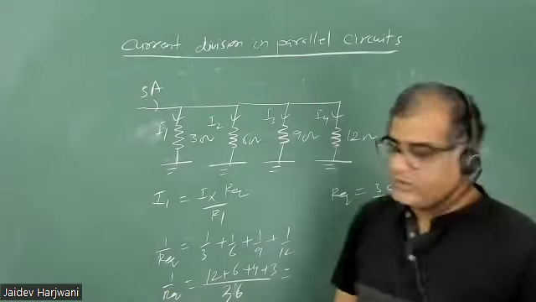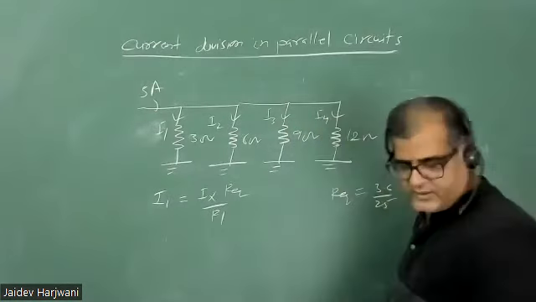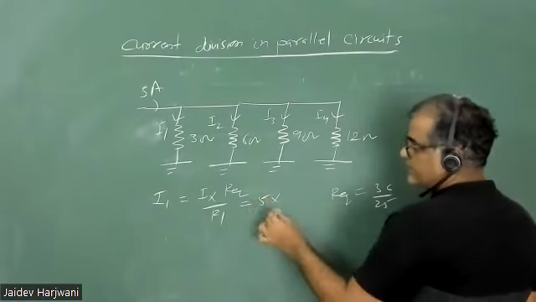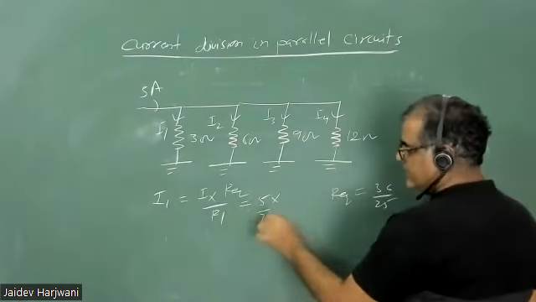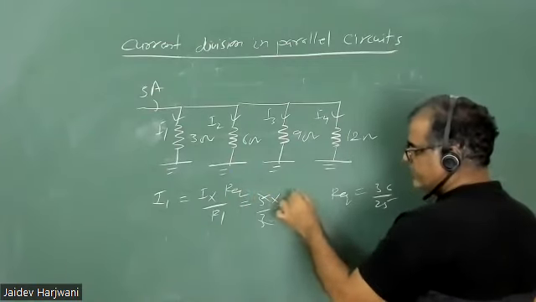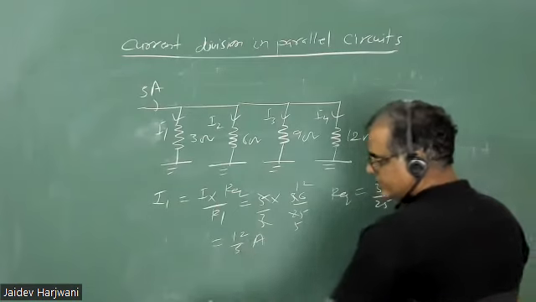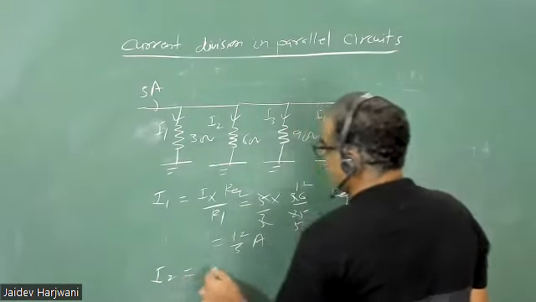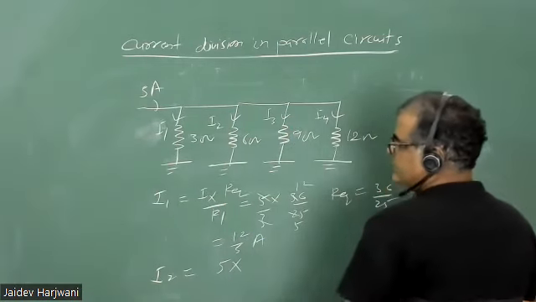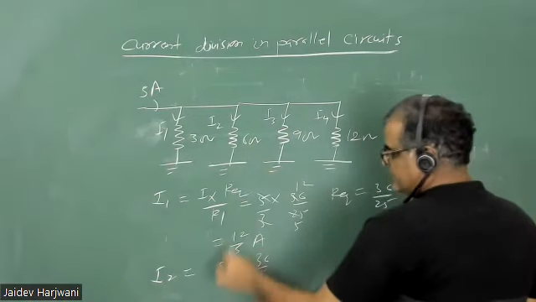Now once you know this, you can quickly find I1, I2. I1 will be total current 5, R equivalent 36 upon 25, and R1 is 3, so the current is 12 by 5 ampere. Similarly, I2 will be total current, always total current first, then R equivalent 36 upon 25, and the resistance 6.